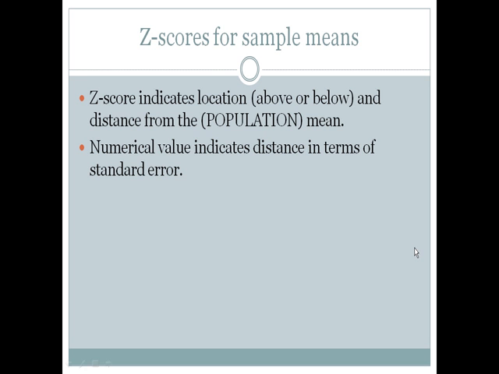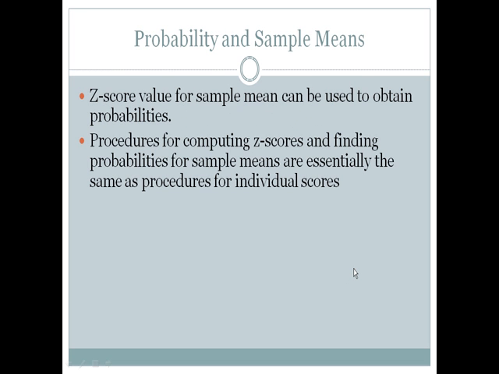Except now our numerical value indicates distance in terms of standard error, whereas before it was in terms of standard deviation. The z-scores that we find are, again, used to obtain probabilities. These procedures, although conceptually different from the procedures for z-scores and raw scores, procedurally, when we're actually computing these, are almost identical.